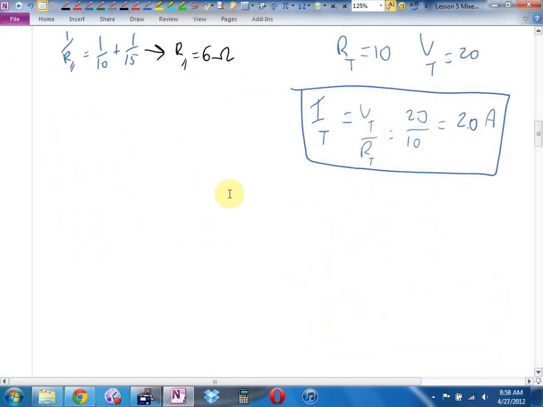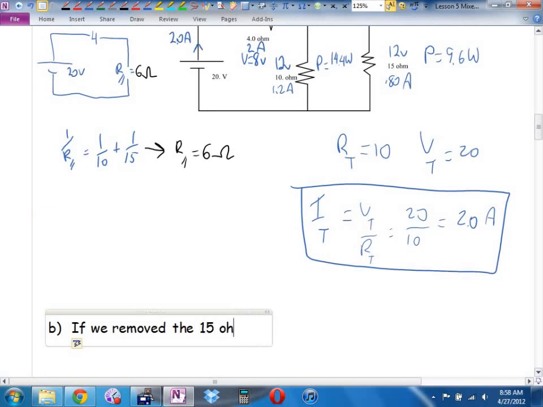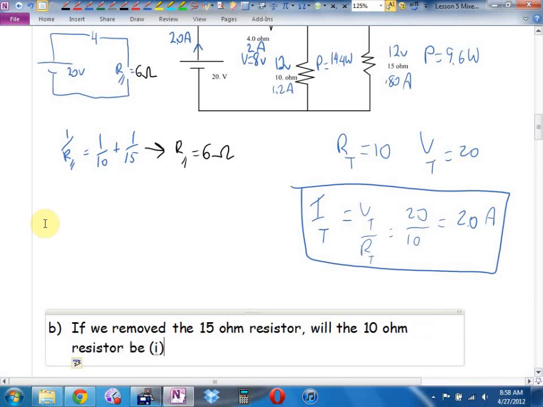You got room at the bottom of your page here? Yes? Good, because we're at part B. If we remove the 15 ohm resistor, will the 10 ohm resistor be brighter, dimmer, or unchanged?